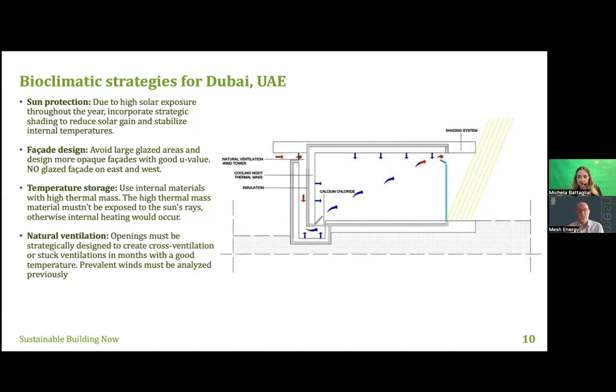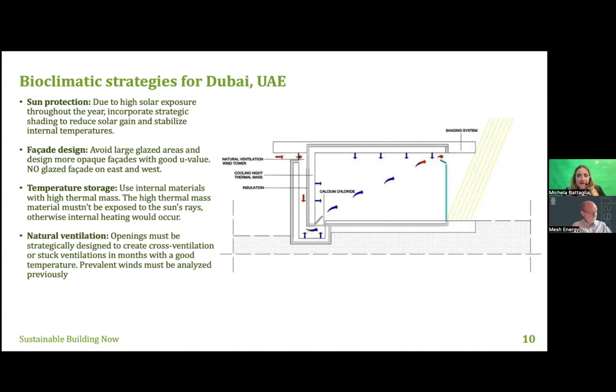And the temperature at 7 in the morning is already around 38 degrees Celsius. This is really crazy, because if you use glazing on the east and west facades, then the interior of the building will be really, really hot inside.